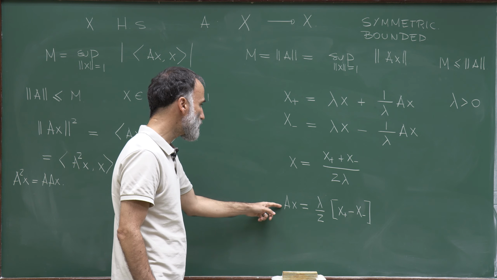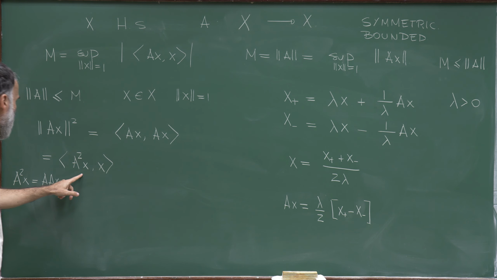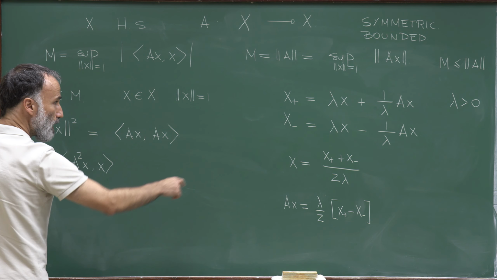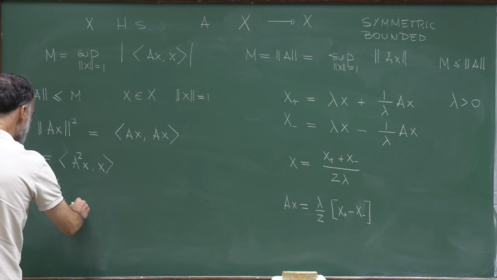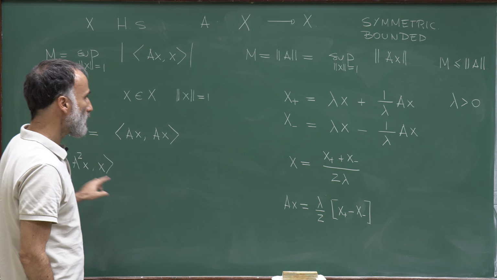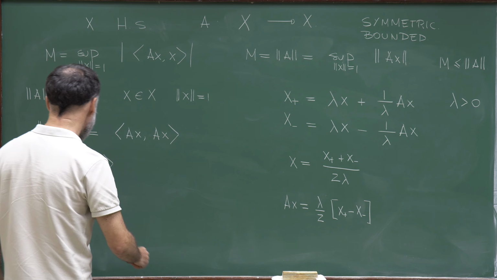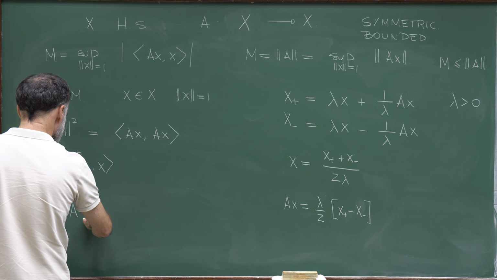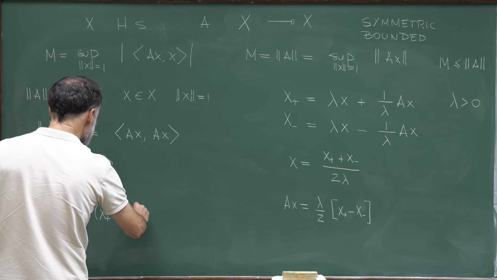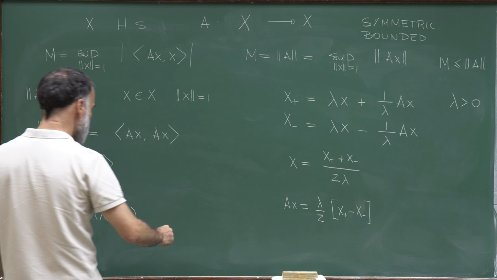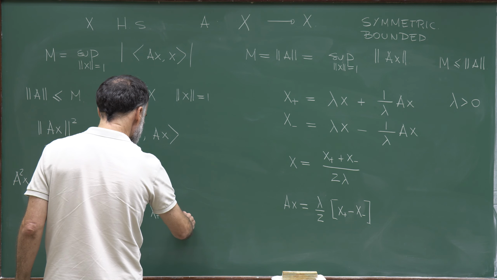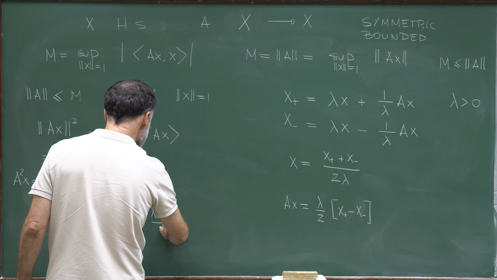I will use these identities in order to replace x and Ax in this expression. So on the one hand, Ax is equal to λ/2 times (x₊ − x₋), while x is equal to (x₊ + x₋) divided by 2λ.